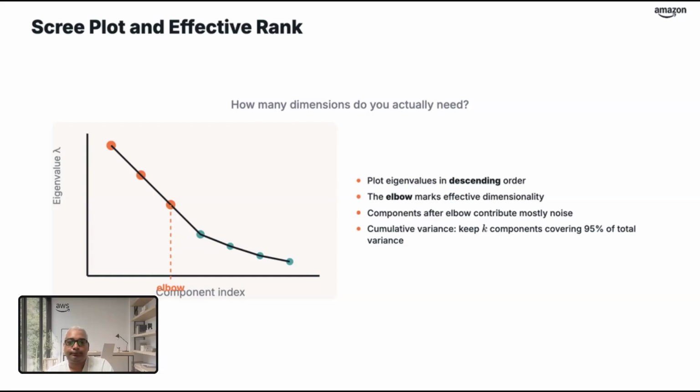And the scree plot is a way to see how much variance is actually getting captured if we choose to keep the top k principal components.